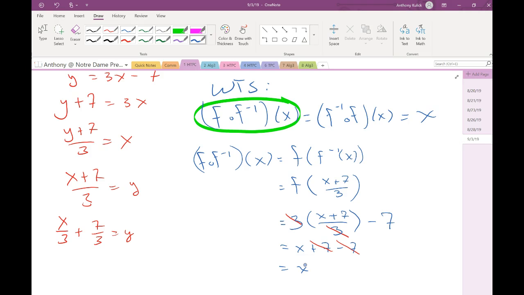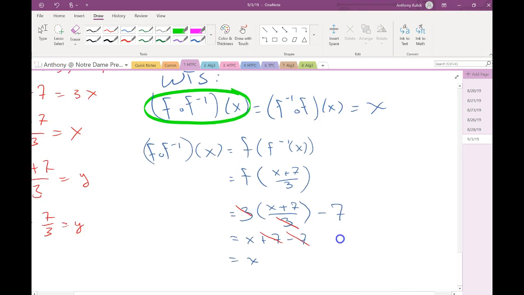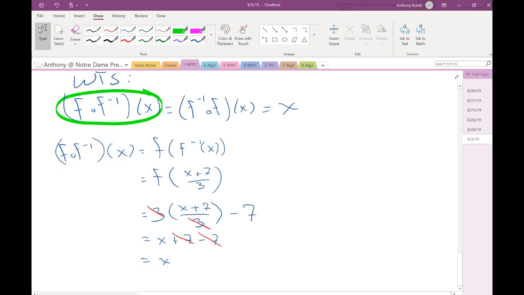But that's just the first half, right? I also need to check the other direction. I have to do f inverse compose f. Oops, forgot the f.